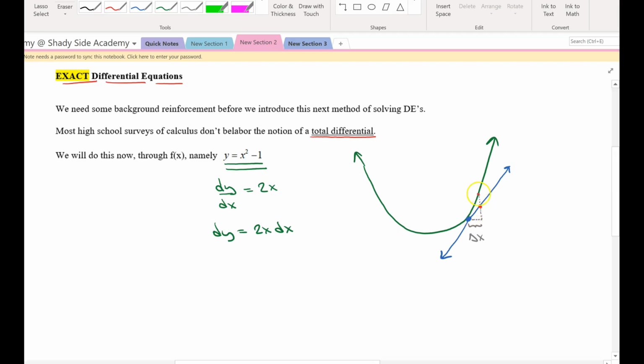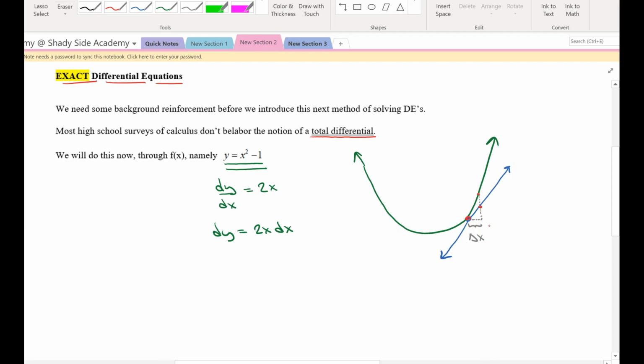But for now, the idea I want you to understand is that when you horizontally displace from a point of tangency, you arrive at the y value of the tangent line, or the local linear approximation, and the y value of the function.